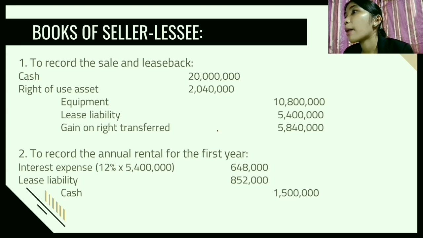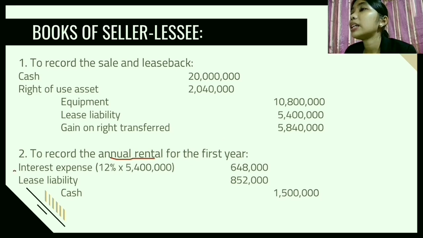Tapos, yung ating equipment is 10,800,000 pesos. Yung ating lease liability is 5,400,000 pesos. And yung ating gain on right transferred will be 5,840,000 pesos.